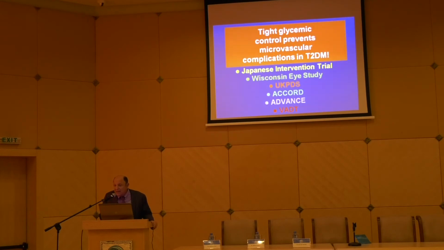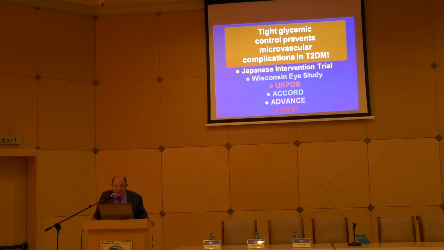Now what about type 2s? So in type 2s, I might say that microalbuminuria is actually not a great risk factor for diabetic nephropathy. It's a great risk factor for cardiovascular disease. Nonetheless, it is a risk factor, and if you intervene with intensive glycemic control, and I've listed some of the studies up here, you can show that there's a significant decrease in the progression.